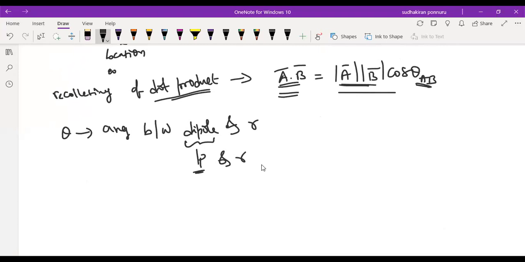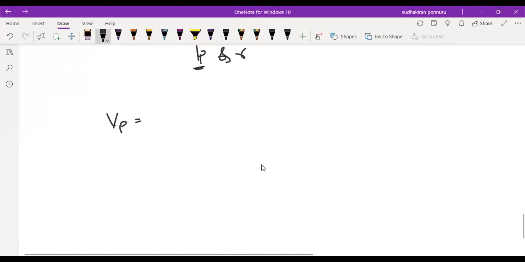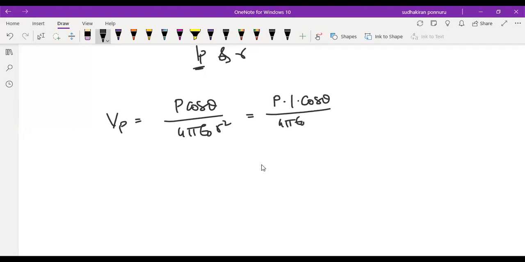Therefore, I am going to rewrite the above expression: V suffix p is equal to P cos theta divided by 4 pi epsilon naught r square. Here I can write P as modulus of P. So can I write this term as P multiplied by 1 multiplied by cos theta divided by 4 pi epsilon naught r square?